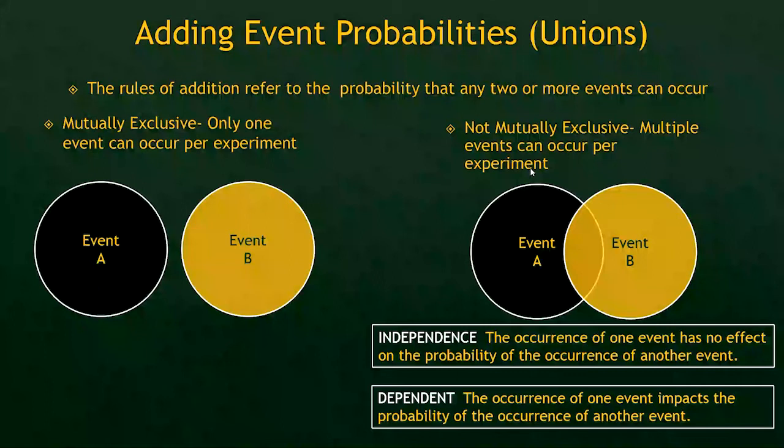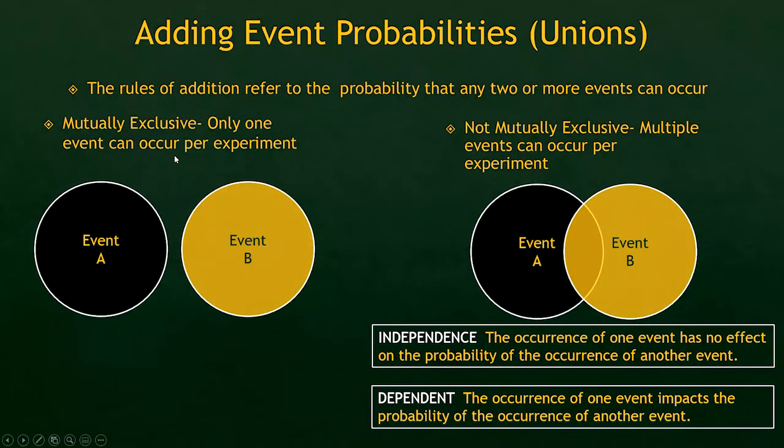What is the probability of you being an MIS major? You've got a certain percentage chance of that as well. And what is the probability of you being both an accounting major and an MIS major? That's certainly possible because we do allow double majoring in the business school. So event A and event B can occur at the same time, so those would not be mutually exclusive events.